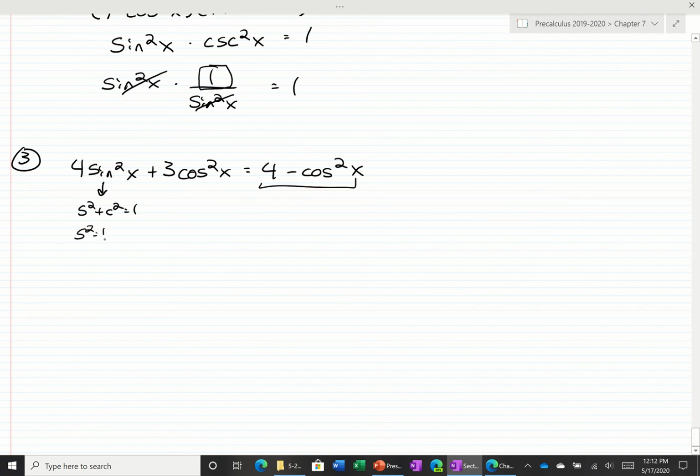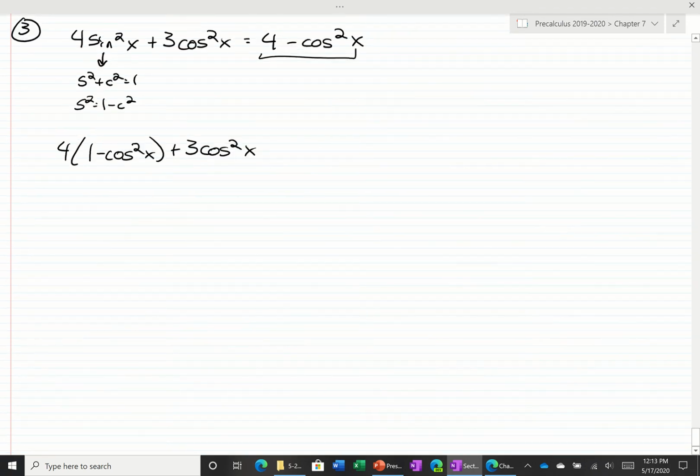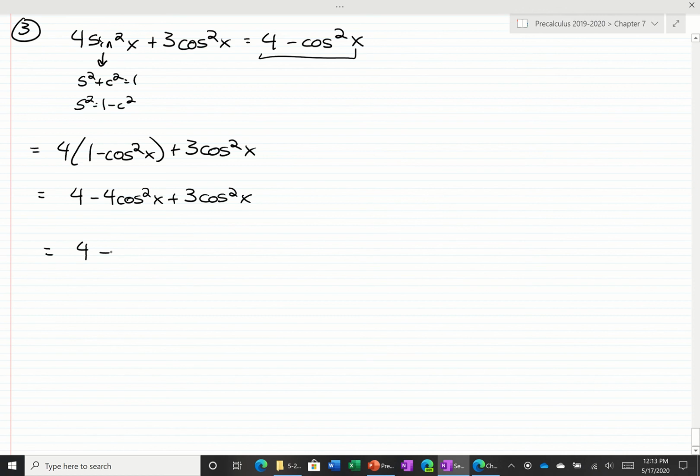So sine squared is equal to 1 minus cosine squared. So we get 4 times 1 minus cosine squared of x plus 3 cosine squared of x. So this would be 4 minus 4 cosine squared of x, plus 3 cosine squared of x, which actually is just 4 minus cosine squared of x, and that's what we wanted, right? So that one's a little bit easier.